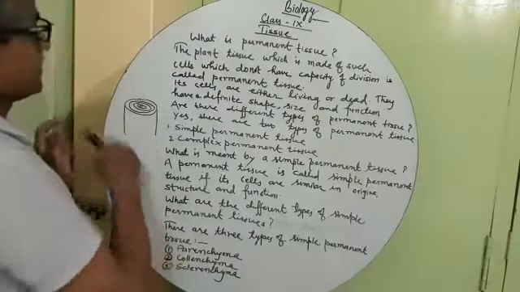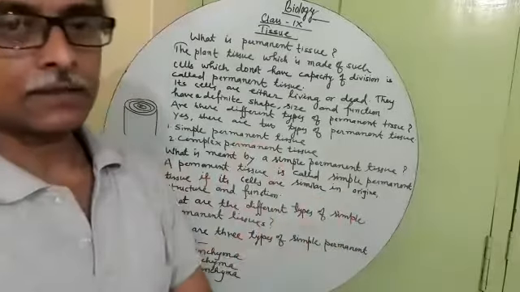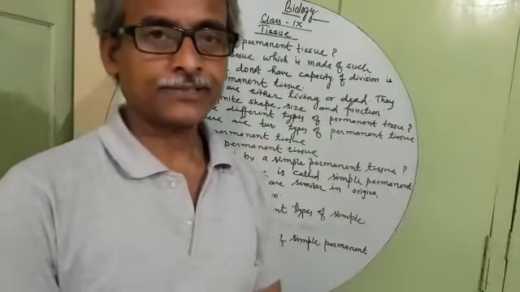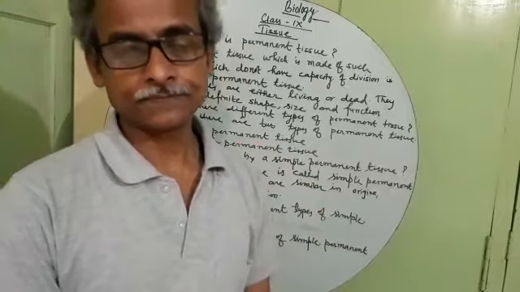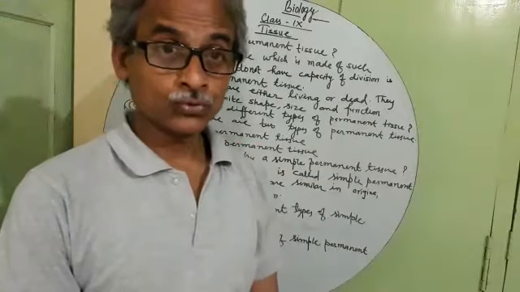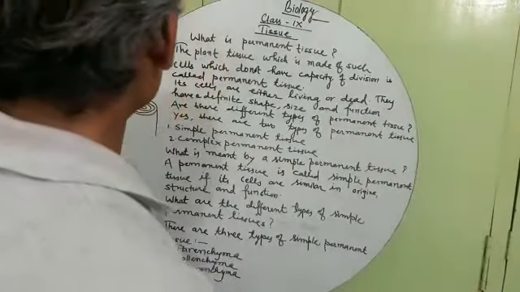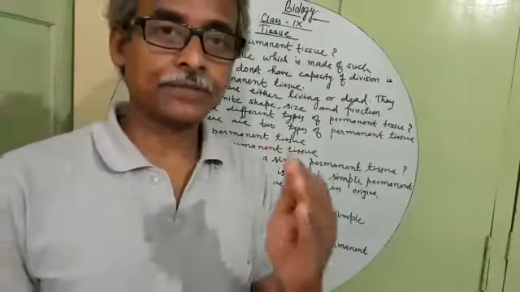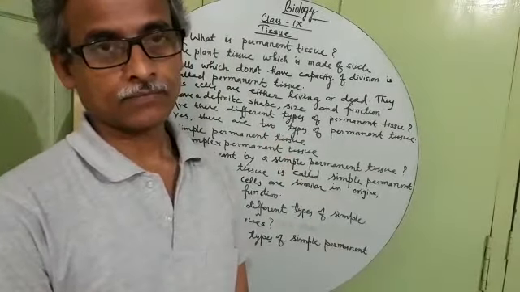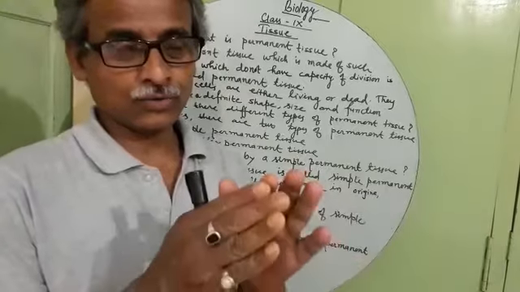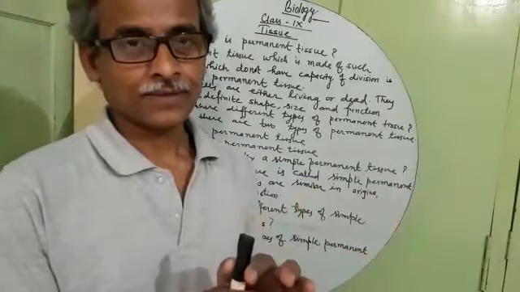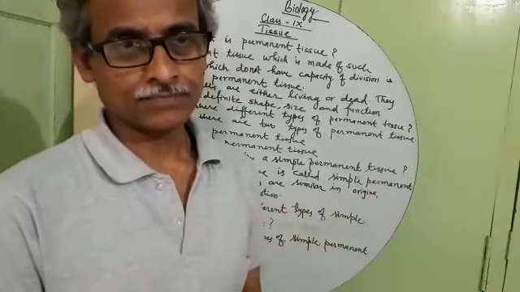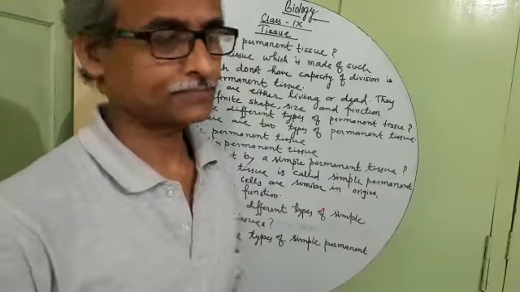In the center, the dark colored part is made up of such tissues whose cells have lost the capacity of division. Now their cells cannot divide and redivide.